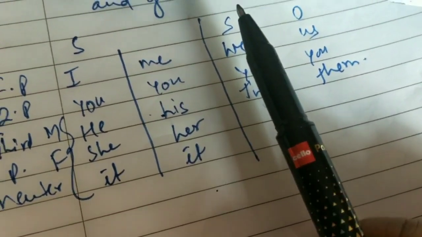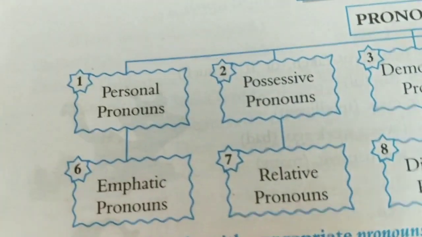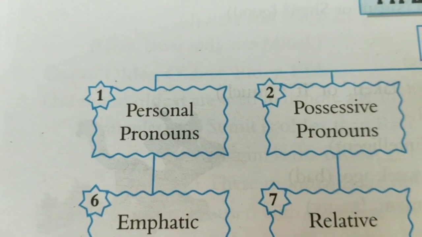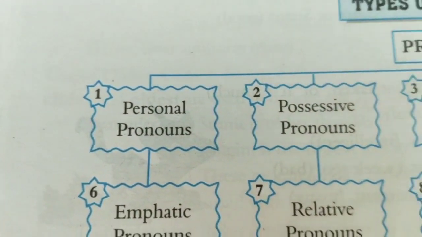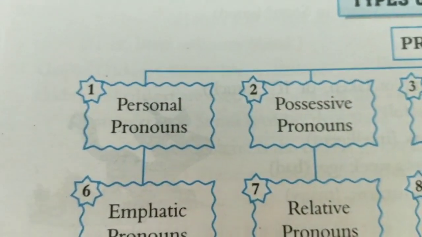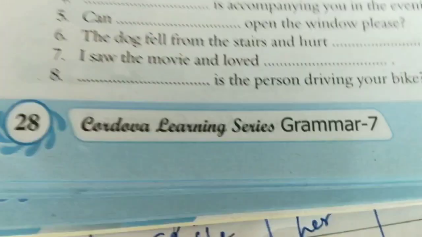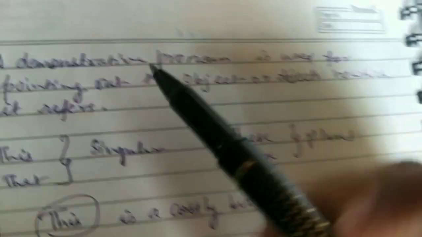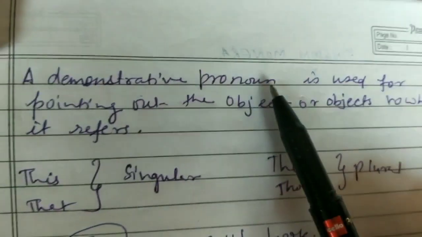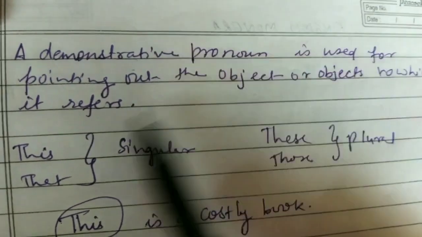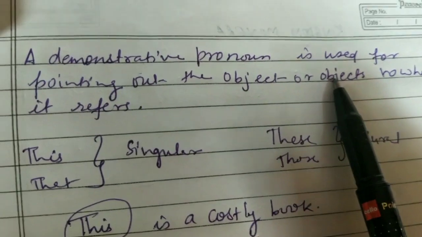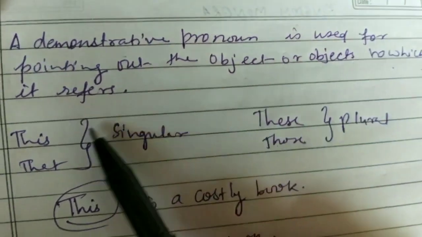Okay, now see the second one, possessive pronouns. So possessive pronouns denote ownership, okay, or possession. See the third one is a demonstrative pronoun. So a demonstrative pronoun is used for pointing out the objects to which it refers.